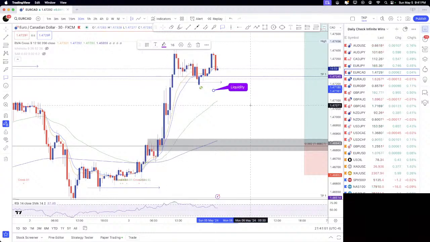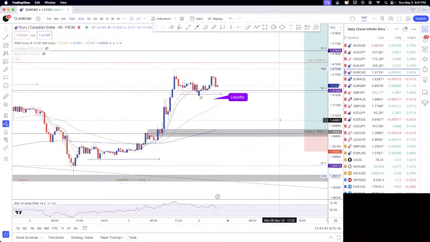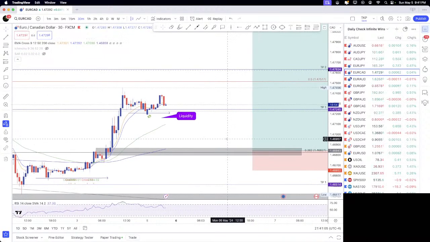And then we'll take a buy from there. All right, guys, I'm still here, but I'm about to put this trade setup in on Euro CAD. So don't let the silence get to you. I gotta get active.